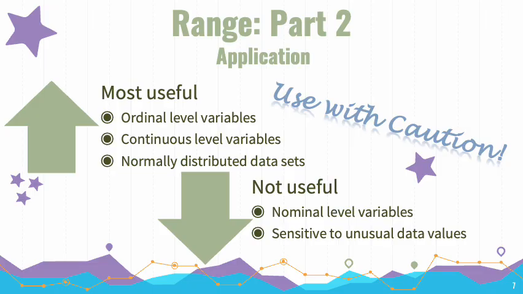The range is extremely simple to calculate, and that can be very appealing. However, we must be cautious about using the range as a measure of variability because the range only uses the highest and lowest values in the computation, which is what makes it extremely sensitive to outliers and unusual values.